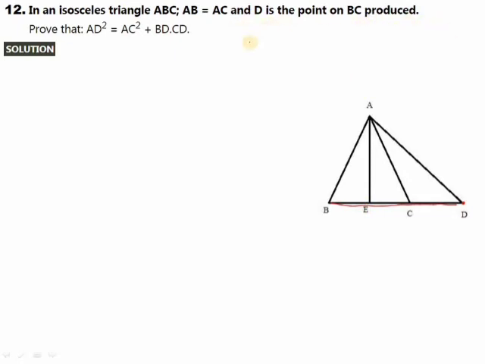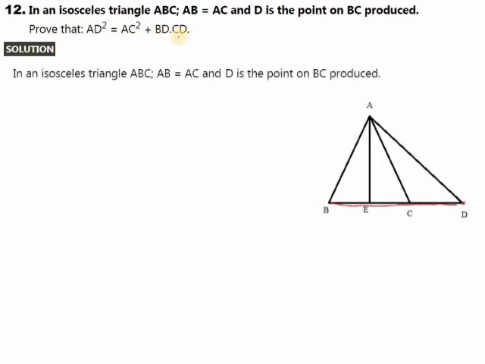Now what we need to prove is that AD square is equal to AC square plus BD into CD. In isosceles triangle ABC, AB is given to be equal to AC, and D is a point on the produced line BC.